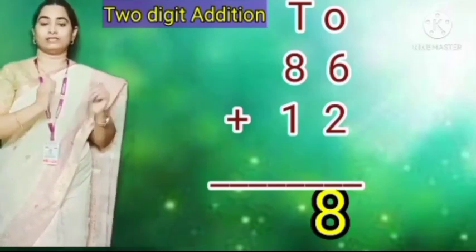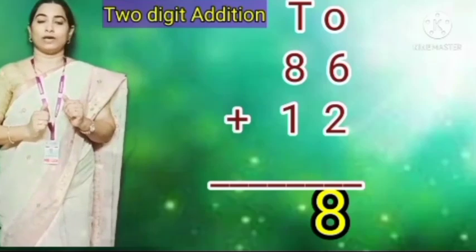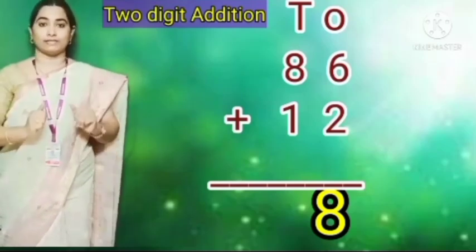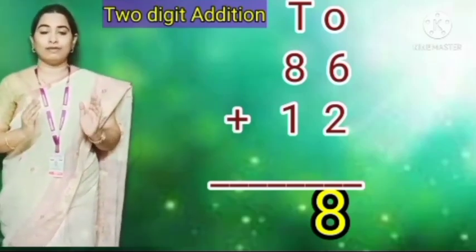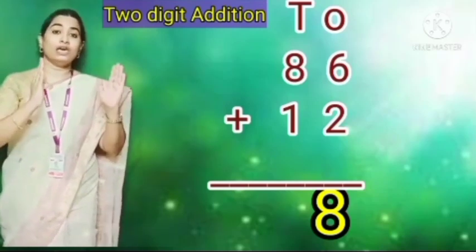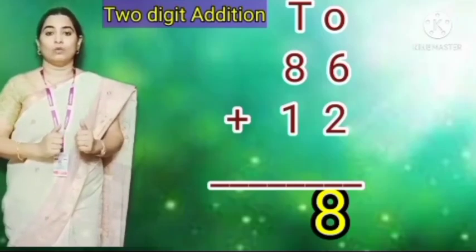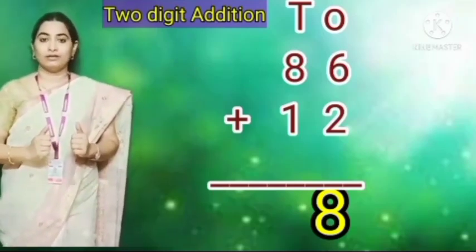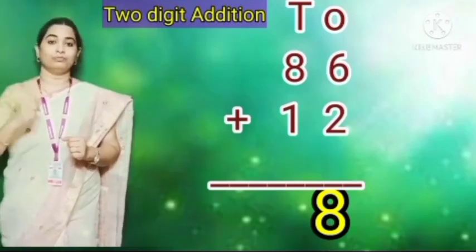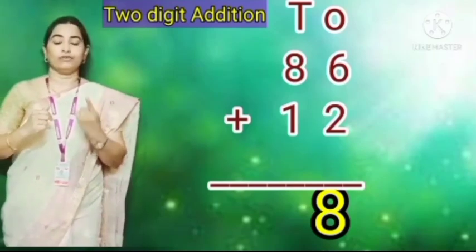And next, tens place. We are going to add tens place. So what is the number given there? It's 8 plus 1. We are going to add 8 and 1. How we will add? 8 in the mind, 1 in the finger.